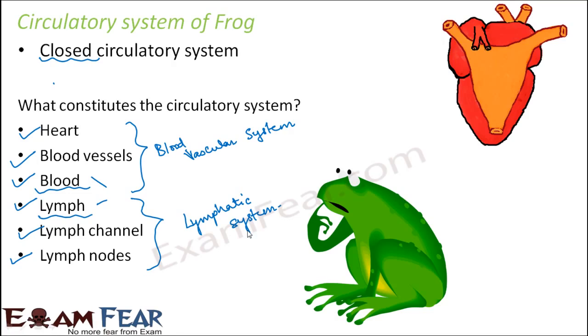Lymph plays a very important role in combating disease, in fighting against infections. So that is where the lymphatic system plays a very important role. So now you understand, for organisms where you have closed circulatory system, where blood and lymph are two distinct things, there you have a blood vascular system and a separate lymphatic system. So now here we will concentrate mostly on the blood vascular system to understand how the blood circulation takes place in a frog.